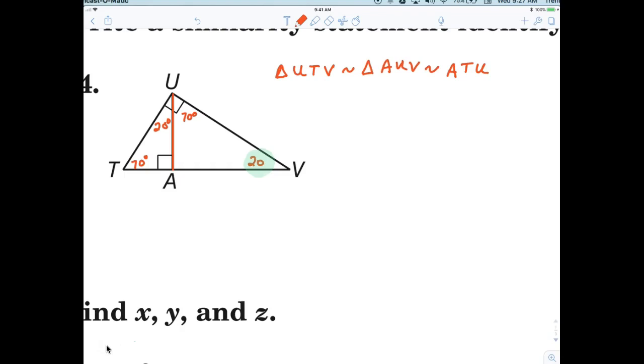You with me? Yeah, I just go big and small, but you don't have to do it that way. You can do small, large, as long as they're in there. All right. Now, and they have to be. So that means that UT corresponds to AU and AT. Yes.